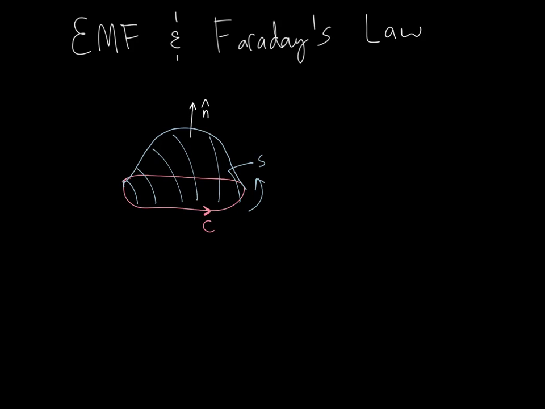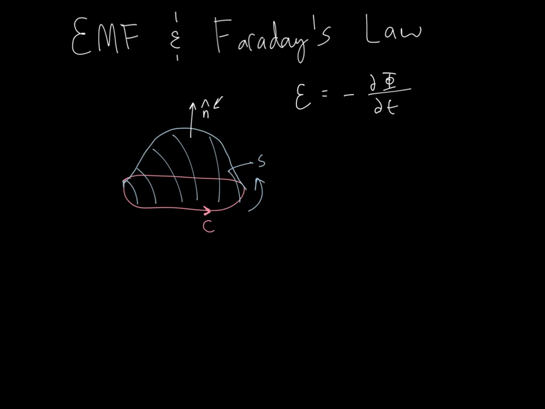Faraday's law states that the electromotive force around path C is equal to -1 times the time derivative of the magnetic flux flowing in the direction of n hat in this figure, in a positive direction according to the right-hand rule.